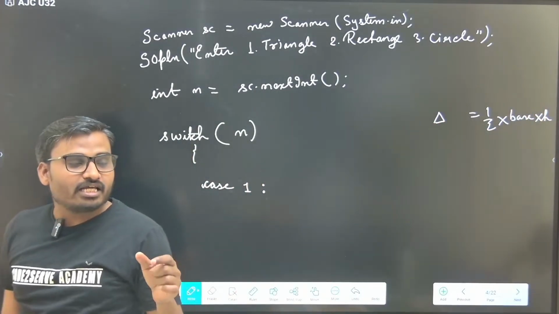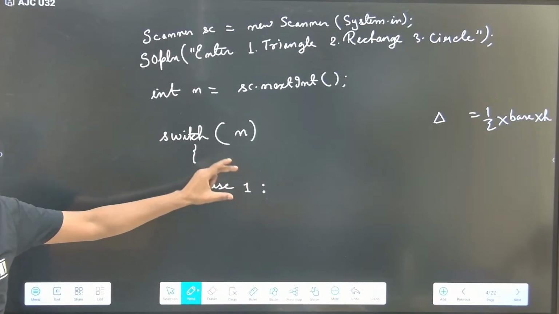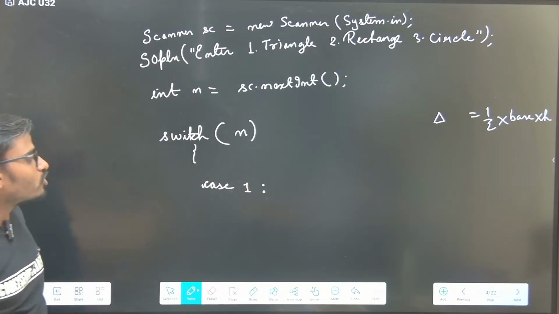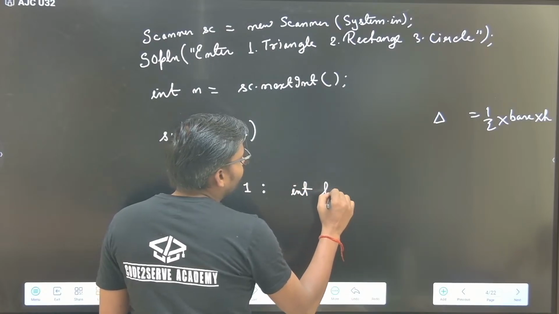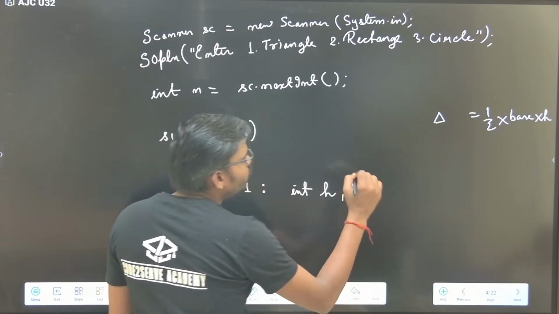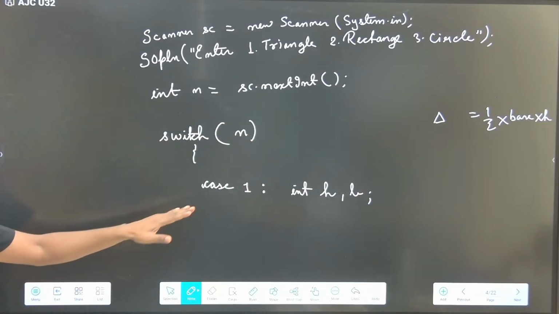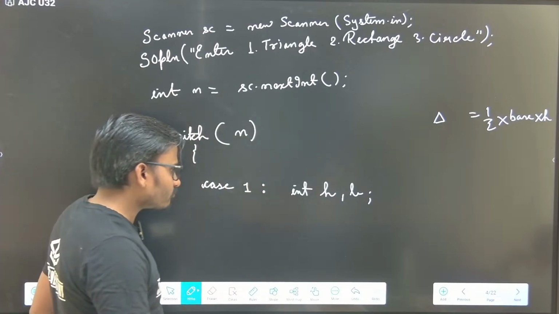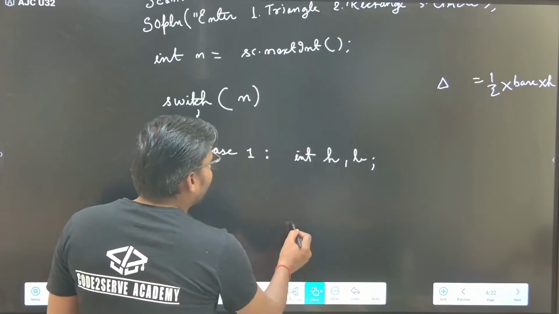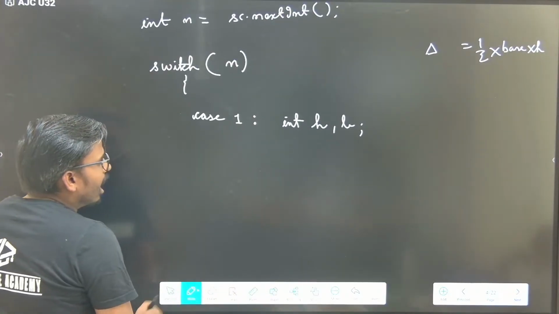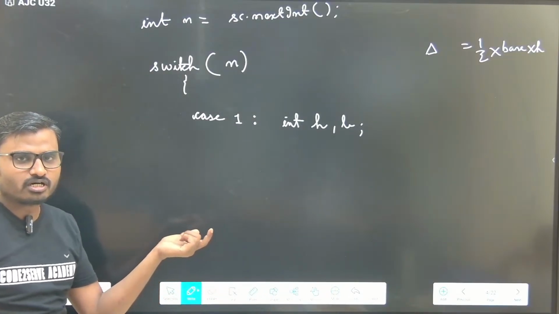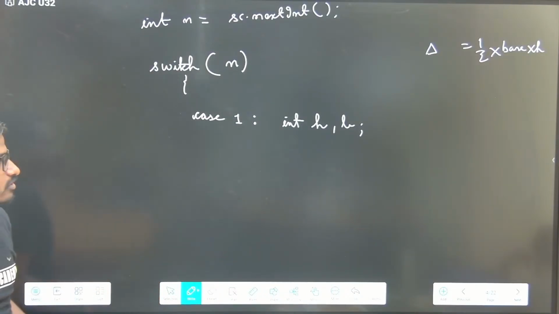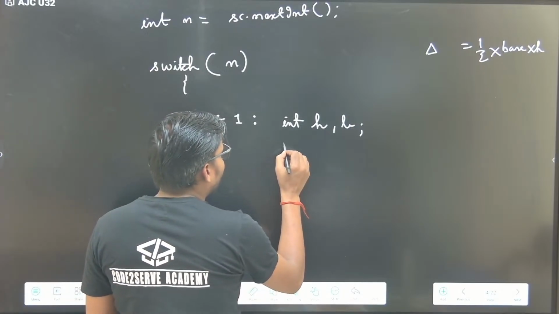So again, in this particular block, we will take the input. Suppose here we declare int h and b. So we declared two variables inside this block. Next, we will take input from the user for height and base. We'll write over here SOPLN.